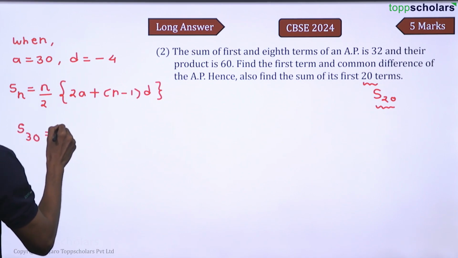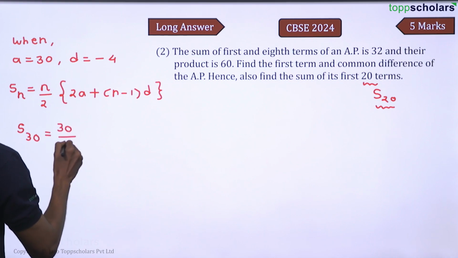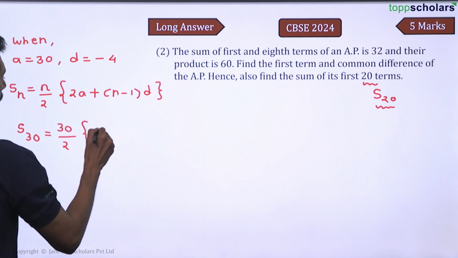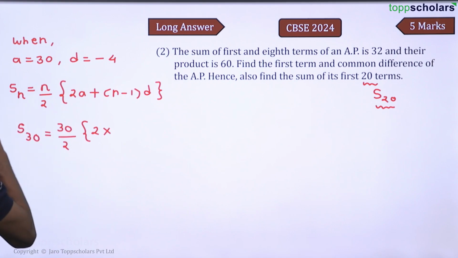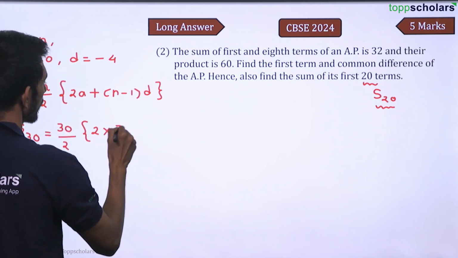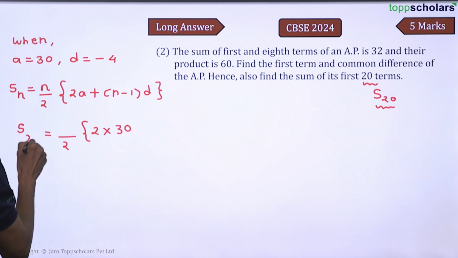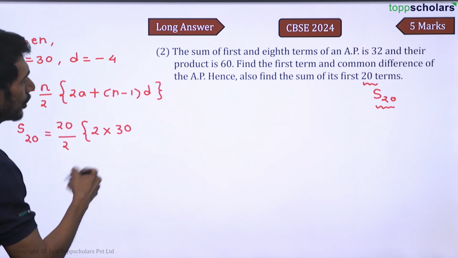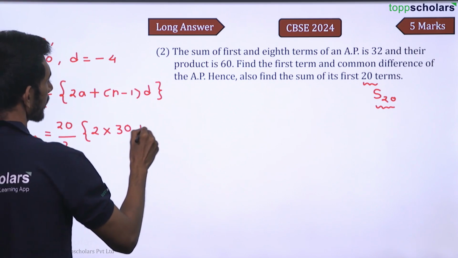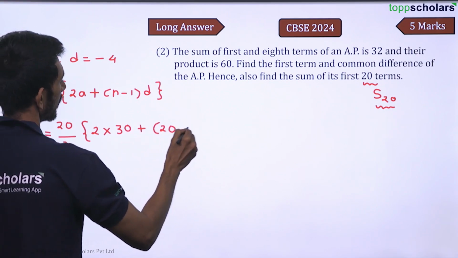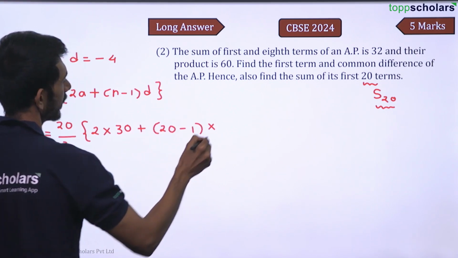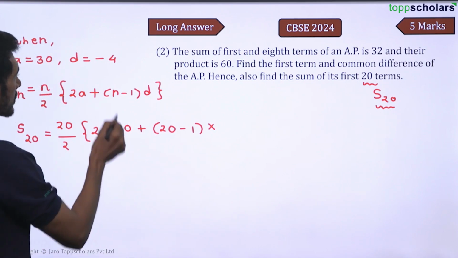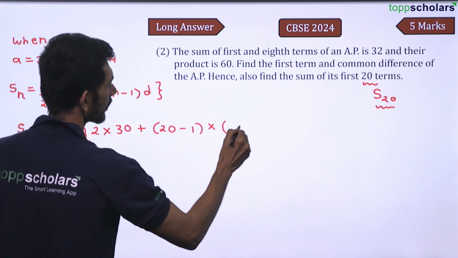So S20 will be 20 by 2 into 2A plus 20 minus 1 into D. D is minus 4.